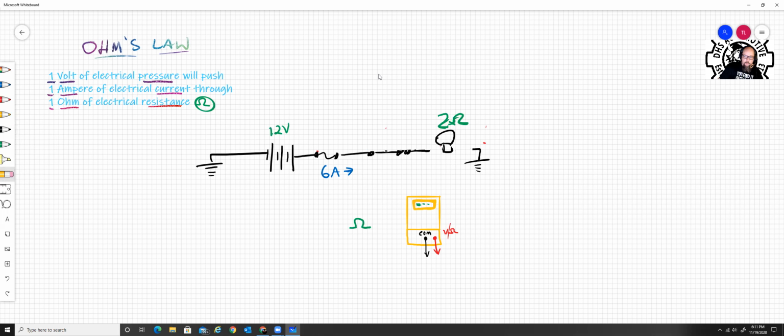The load is still whatever it is you're measuring. So you get your ohm meter, and you bring one lead to one side of the part you're measuring, and you put the other lead on the other side. You read your 2 ohms, and on the meter screen here, it would tell you 2 ohms, as long as you're in the correct range, and you're going to be fine.